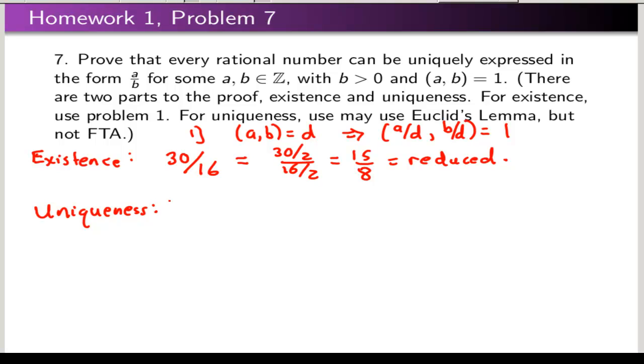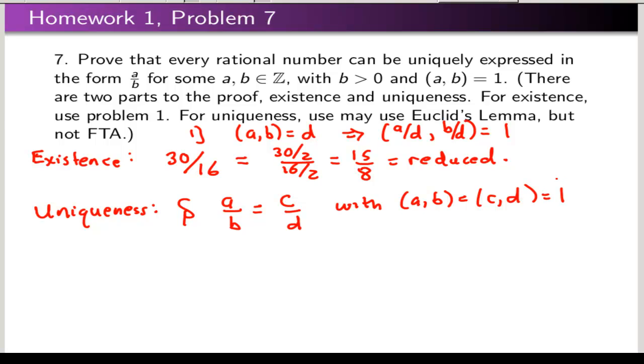Okay, so in uniqueness, we suppose that there are two different reduced forms. A over B equals C over D. So suppose A over B is C over D, with both fractions being reduced and both denominators positive.